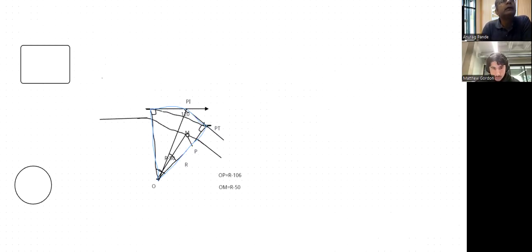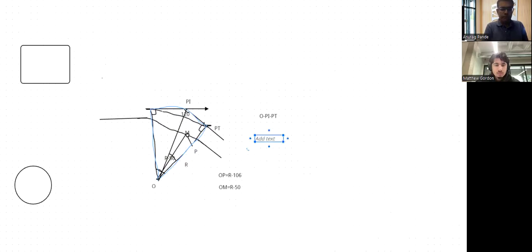This is PT. So OPI and PT, that's the triangle I want you to think about a little bit. In the triangle OPI and PT, we know at least one side. We know O to PT.